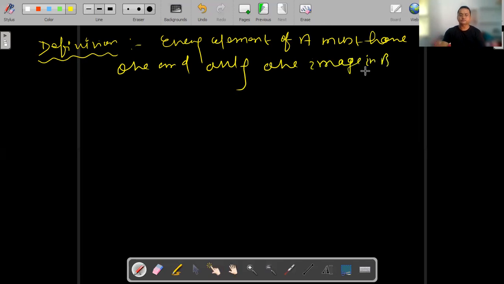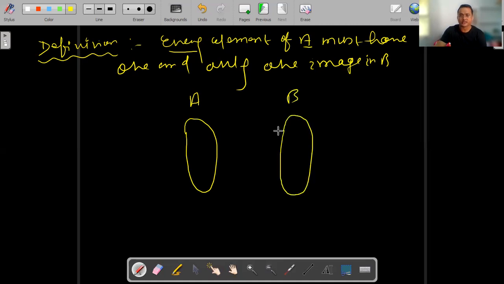See here. It is saying that every element of A, let's say, this is the set of A elements right now, and this is, let's say, the set of B elements. Every element of A must have one and only one image in B. So these are the elements of set A: 1, 2, 3.